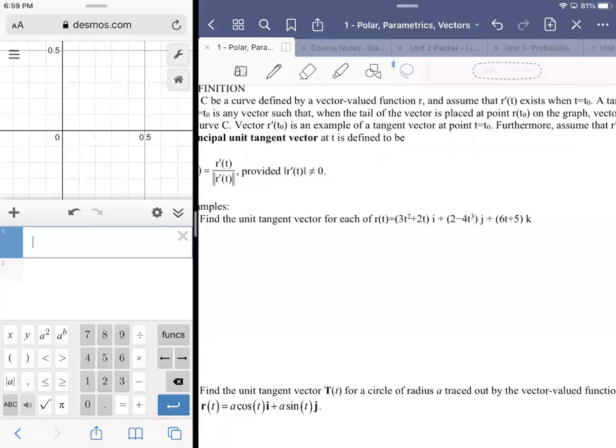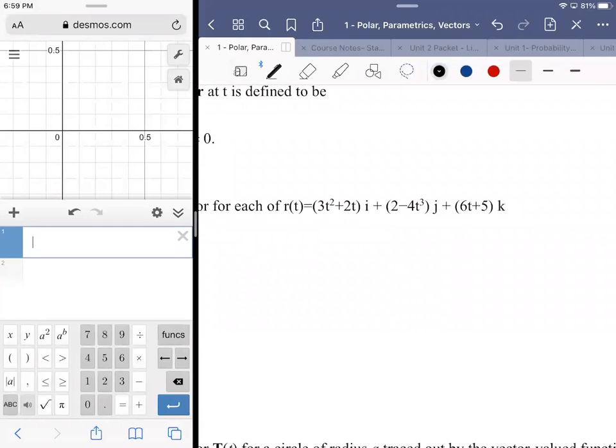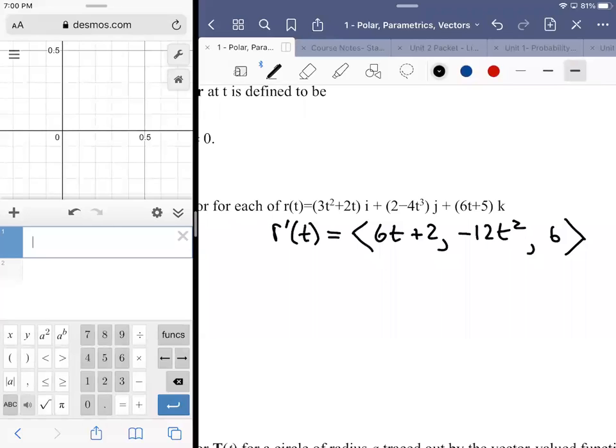So r prime of t is (6t plus 2), negative 12t squared, and then 6. All right. So just the derivative of each component.